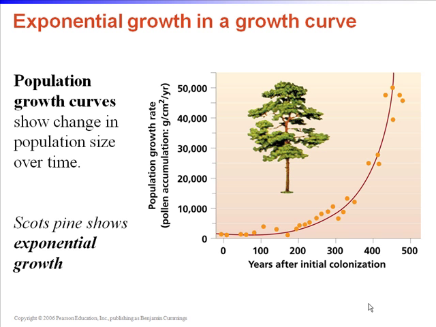We can see within grams per centimeter squared per year over the course of about 500 years, that the population is increasing at a set rate, and that growth curve, that J-shaped curve, is a characteristic of exponential growth.